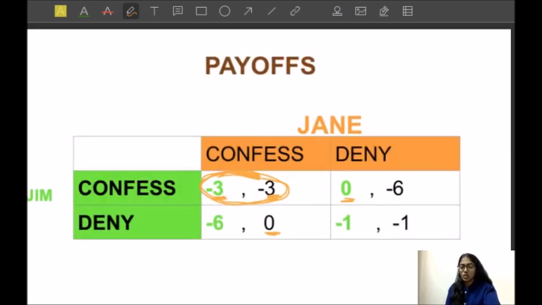That is, no matter what the other person does, I will choose to confess. And this kind of strategy is called a dominant strategy. And this is the outcome or the result of the game. Though they had a better option, that is 1 year in jail for both, they choose to confess, and the outcome will be 3 years in jail for both of the criminals.